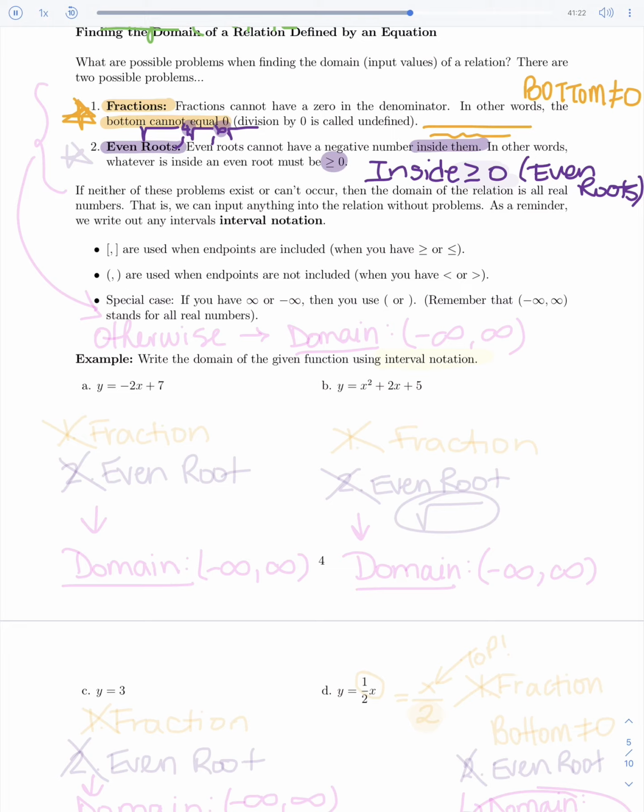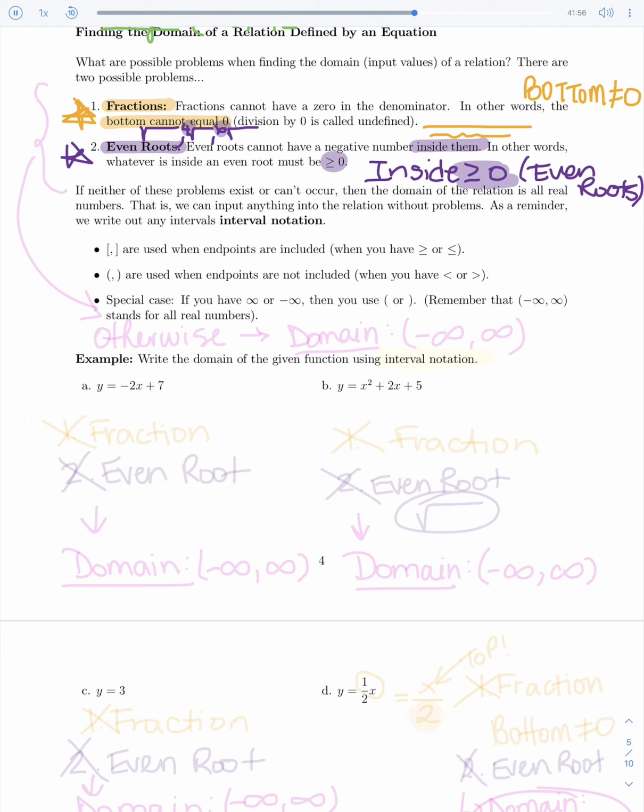So these are my two special cases: fractions, where we're worried about whether or not the bottom equals 0, and even roots, where I'm worried about whatever's inside of them needing to be greater than or equal to 0. This part will not change. It's always greater than or equal to 0. If you don't have a fraction that you're worried about, and you don't have an even root that you're worried about, then if you don't have any of those issues, then your domain will be negative infinity to infinity.